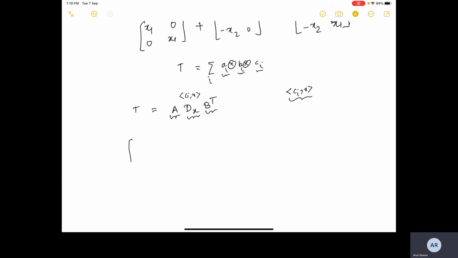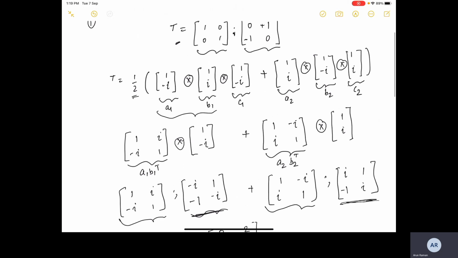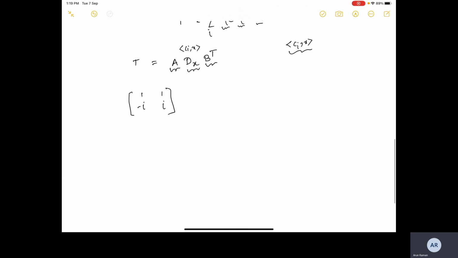So our A matrix will be 1 minus i, 1 i. Our B matrix will be 1 i, 1 minus i, transpose. So when we take the transpose, we will have 1 here and i here.